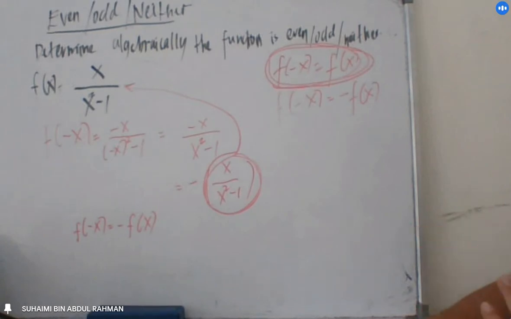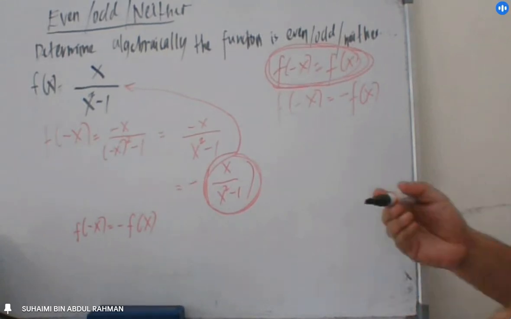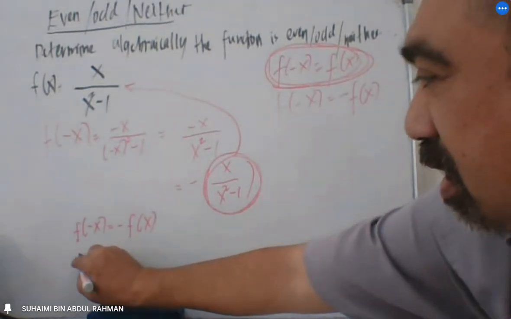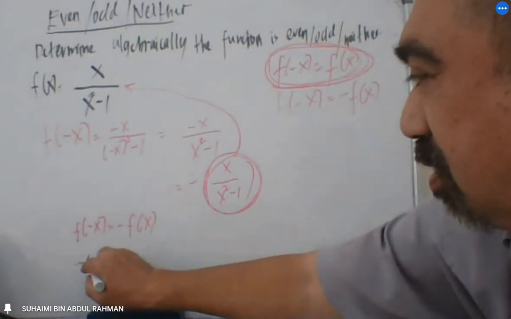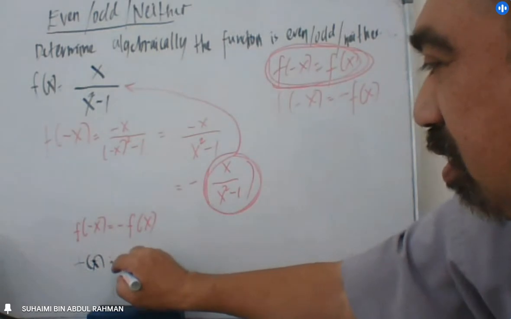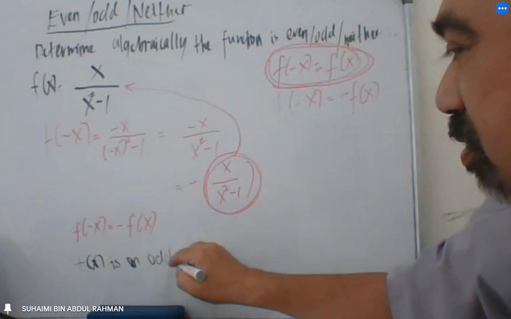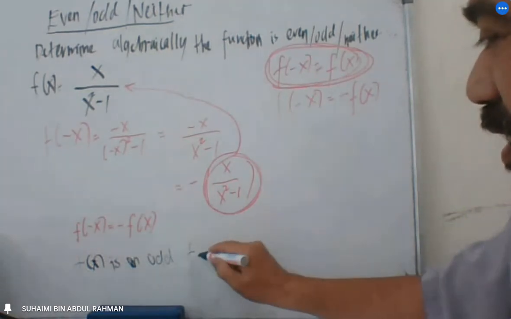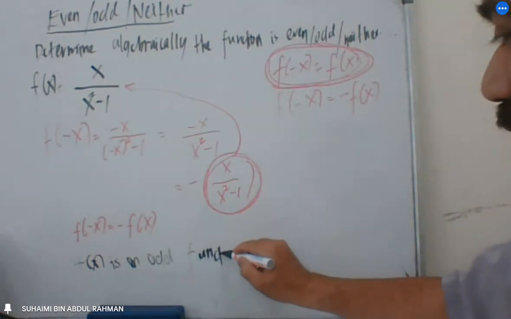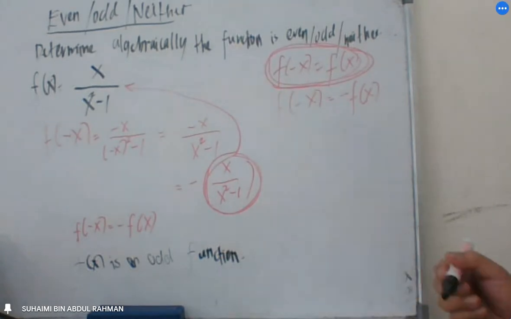Which means what conclusion can we say? f(x) is an odd function. Odd. Right.